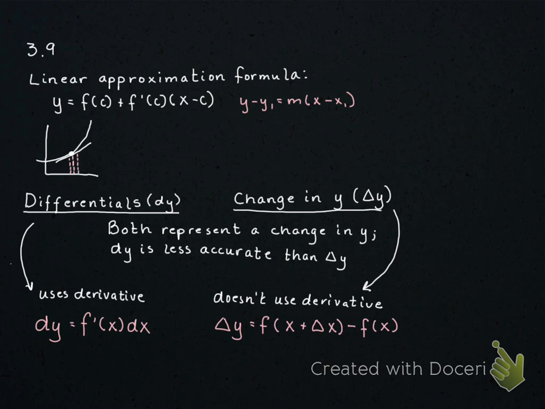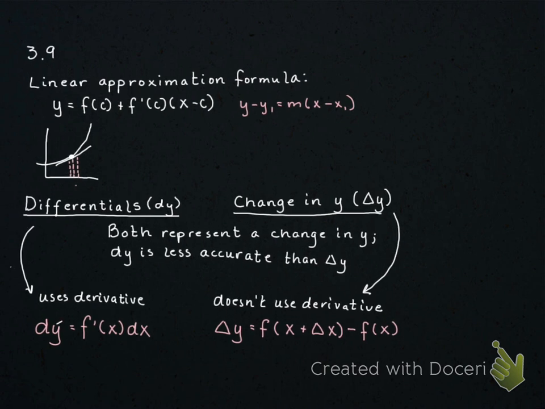So if that value right there in the middle dotted line is c, this point here and this point here need to be very close to c in order for a linear approximation to be accurate.